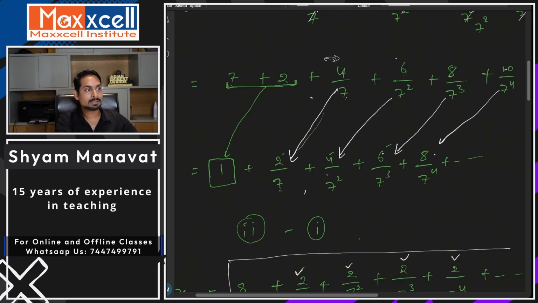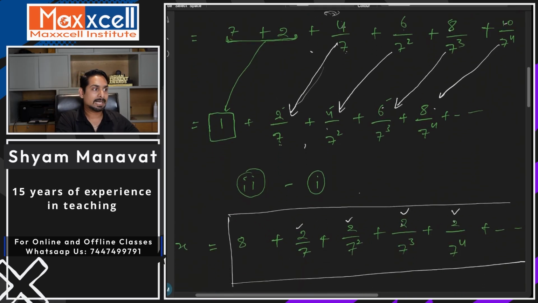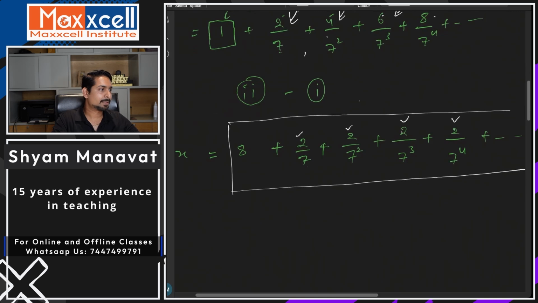So basically the common difference of the arithmetic progression of the given terms. Do you agree with that? And the geometric progression terms, 7, 7 square, 7 cube, 7 raised to 4, that remains as it is. Okay. Fine.